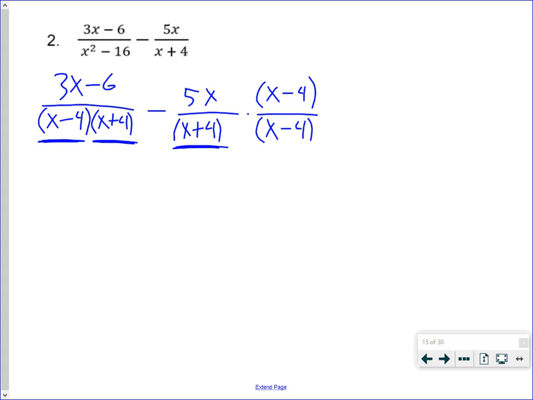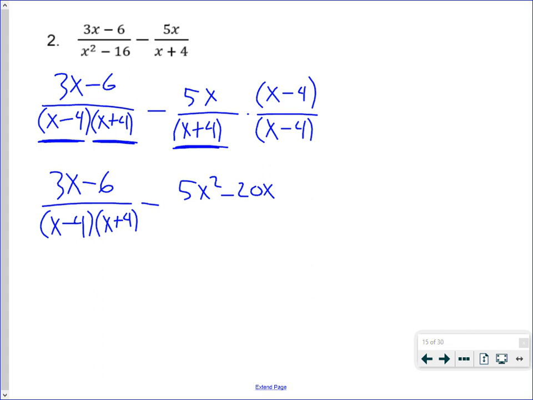Okay? So we end up getting 3x minus 6 all over x minus 4 times x plus 4. And all of that minus 5x times x is 5x squared minus 20x all over the x plus 4, x minus 4.